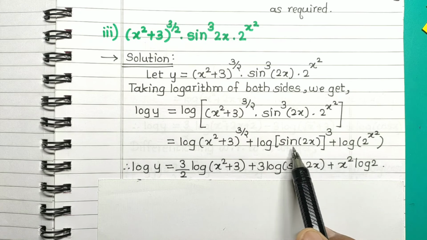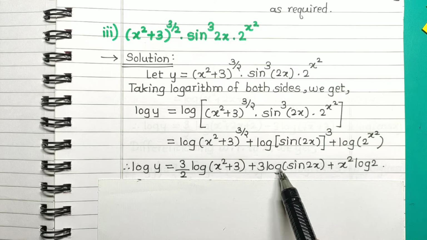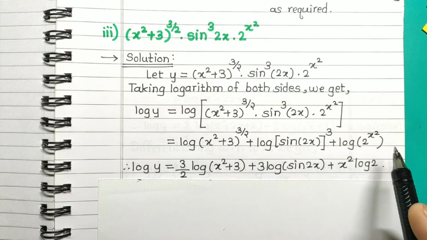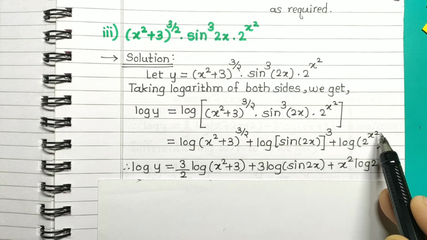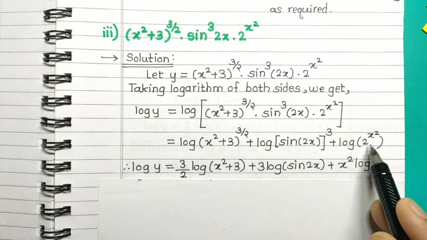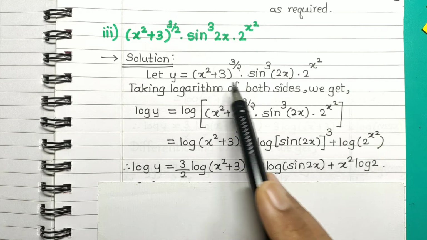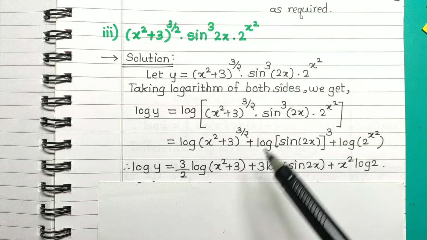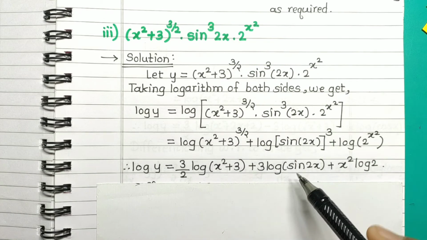So this exponent 3 is going to multiply the logarithmic term, so 3 into log of sine 2x, and here the power of 2 is x square, so x square is multiplied to this log 2. So this is how we have simplified the given function to a very simple function using the laws of logarithm.